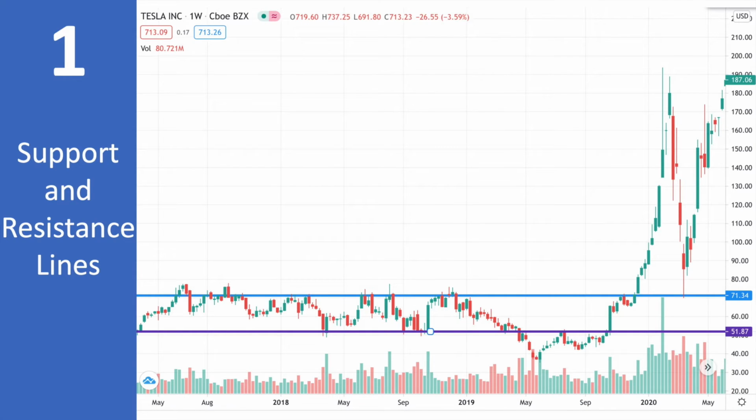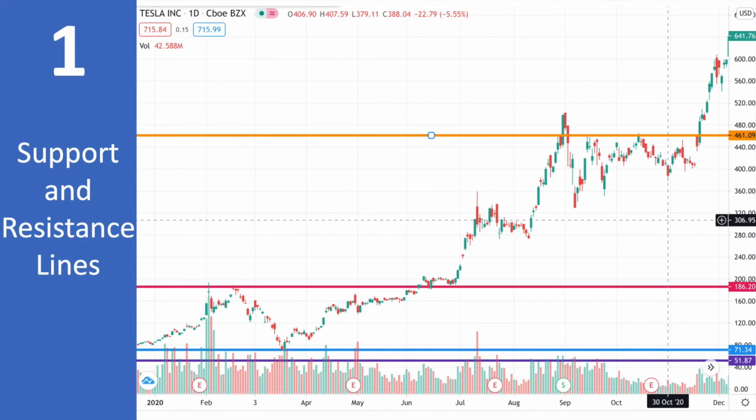We also see that $71 resistance line turn into a new support line. And this is where we had the maximum force of the pandemic hit the stock market back in March 2020. And this $71 line is seen as a new buying opportunity below which the stock price does not dip. A similar pattern is observed at different levels over time.